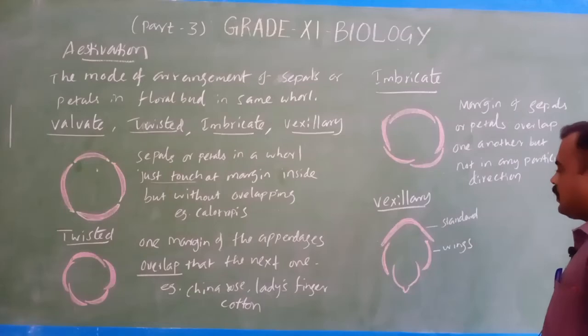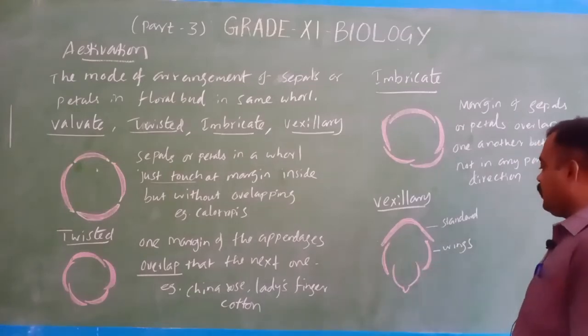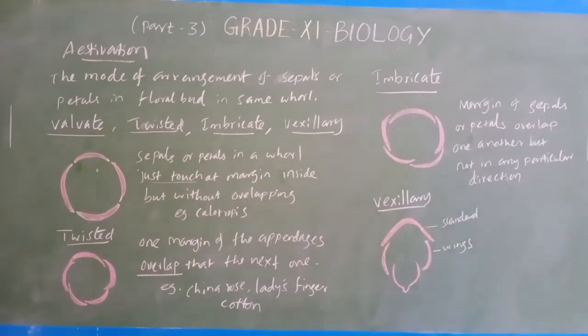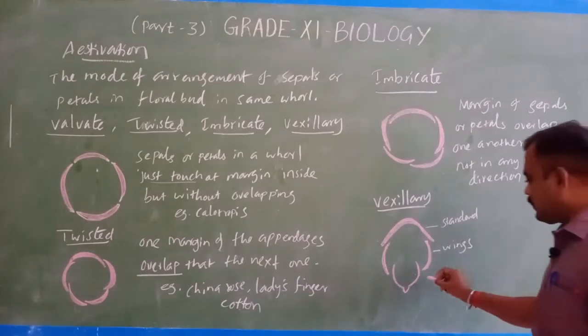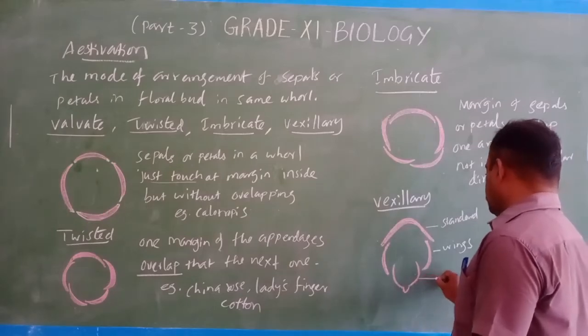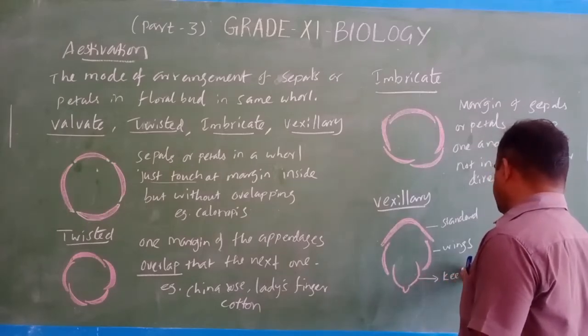This is posterior, this is anterior. So standard, wings, and the last one is keel. This is called the keel.